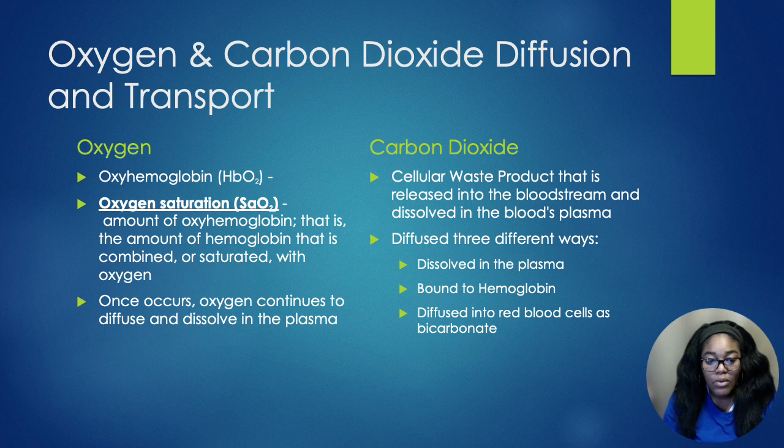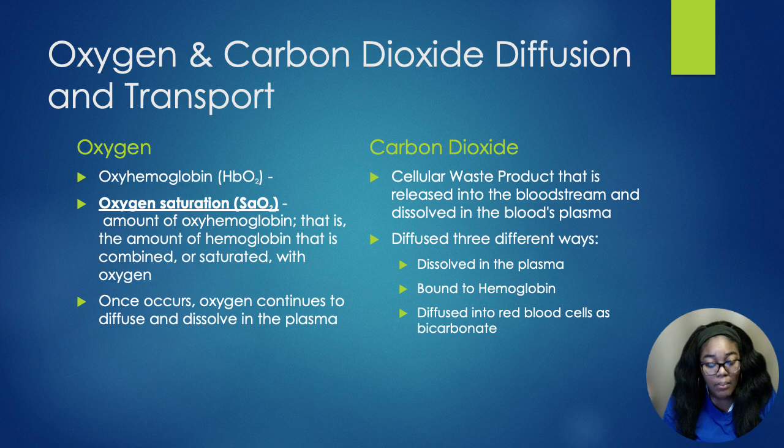The normal value of oxygen saturation is somewhere between 95 and 100% per your textbooks. So you want basically all of the oxygen that you're inhaling to be combined with your red blood cells, which is where your hemoglobin is functioning.